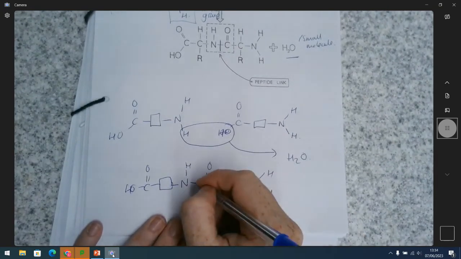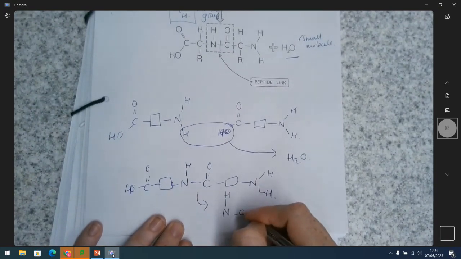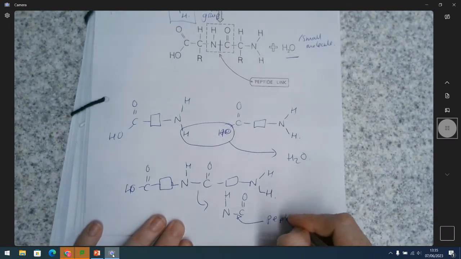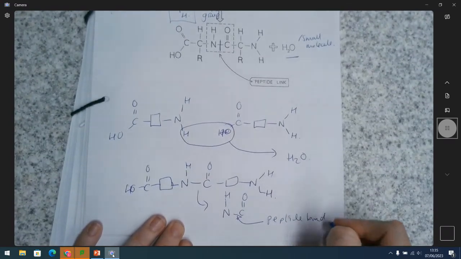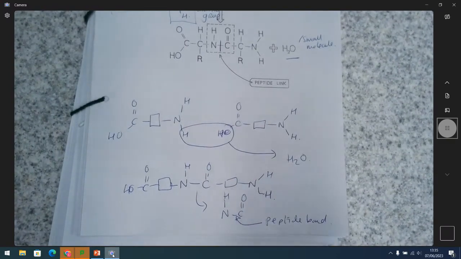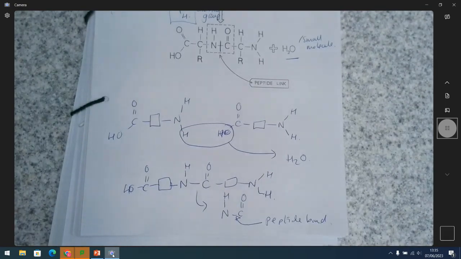Okay, and so essentially I'm looking for that link, NH, C double bond O, because that's my peptide bond. There are different amino acids that go together to make different polypeptide chains, which will make different proteins. That's why we have different amino acids. So it's just being able to spot that, being able to draw it, being able to tell us that water is in fact produced to form that.